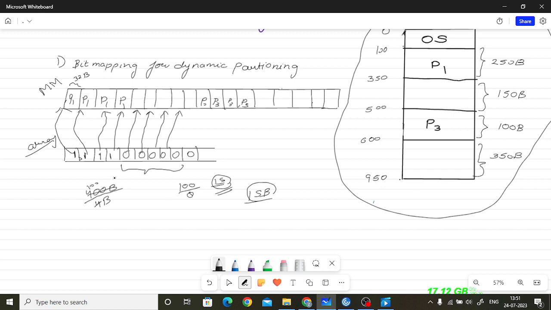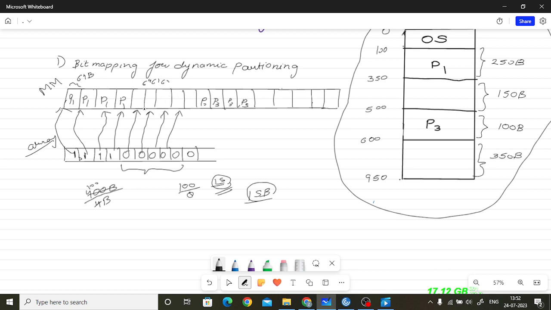Or let's say 64 byte. So what's the problem in this? If we divide our memory into larger allocation units, the problem is, suppose each allocation unit is of 64 byte.